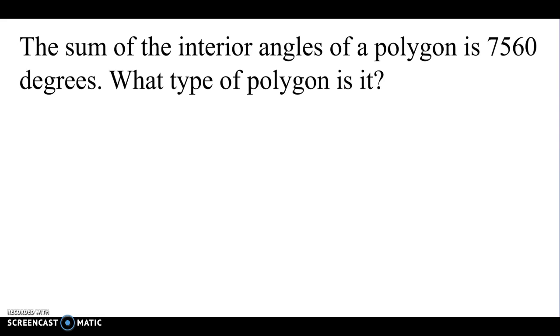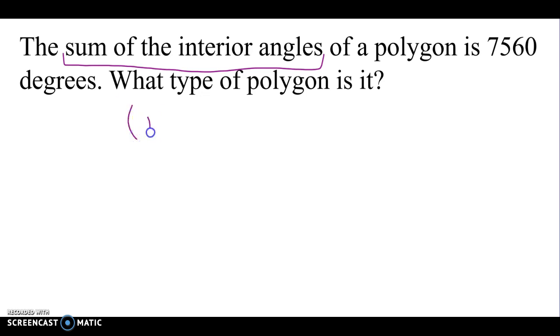So this one works kind of the opposite way. We're given the total sum of the angles, and we don't know what kind of polygon it is. So we know the sum of the interior angles. What do we know about the sum of the interior angles from our investigation?